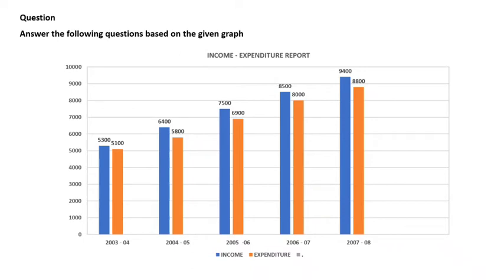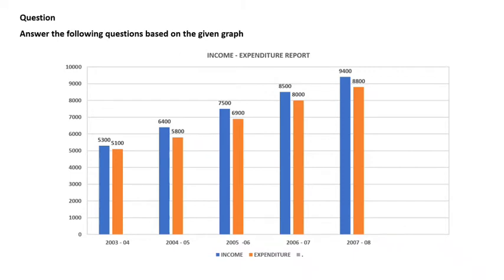Here you can see, students, in 2003-4 the income is 5,300 and expenditure is 5,100. Income is the blue line and expenditure is the yellow line. In 2004-5, 6,400 is the income and 5,800 is the expenditure.